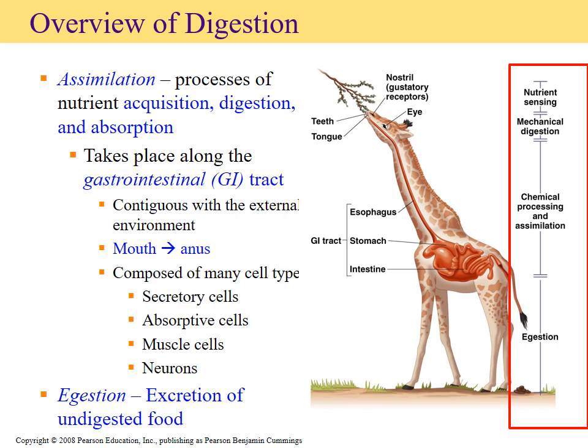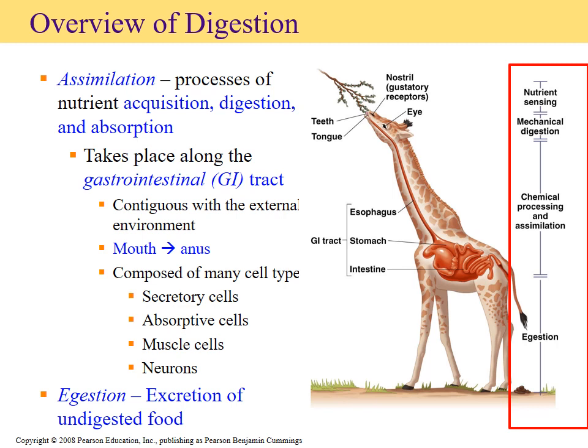So for instance, it says right here that instead of using digestion, we can just simply use the term assimilation to talk about the fact that you are acquiring your nutrients, you are breaking them down into their smaller parts, which is the digestion aspect, and your ultimate goal is to get them to be absorbed, meaning once again that they leave the GI tract and they go into the bloodstream so they can travel to the individual cells. Gestation, which is at the bottom, is then going to take a look at the process of compacting your fecal matter and getting it excreted out of the body because it has no nutritional value for us.